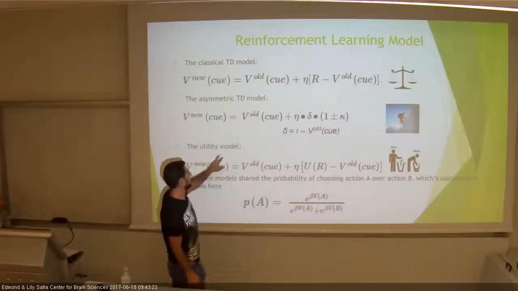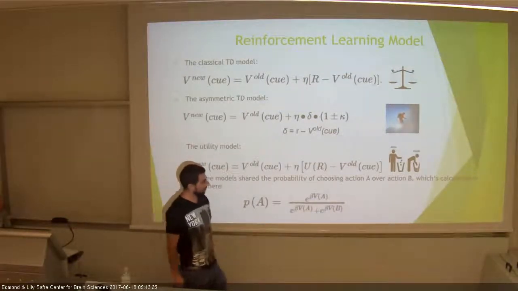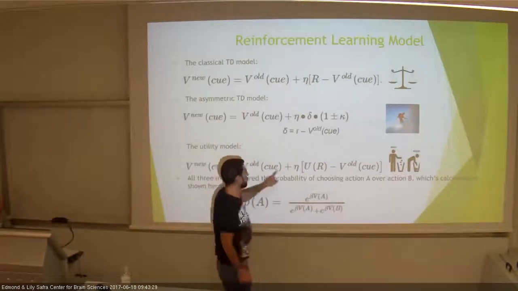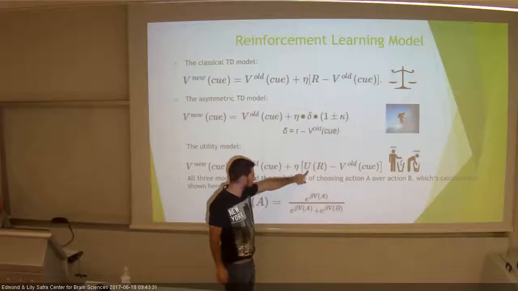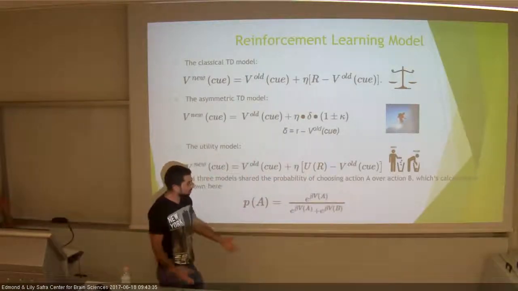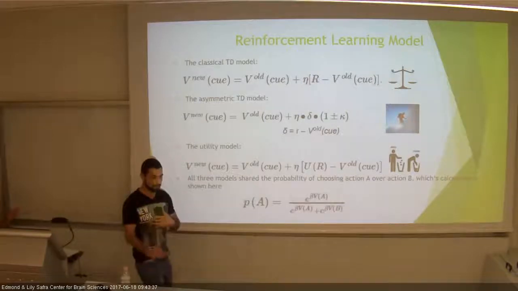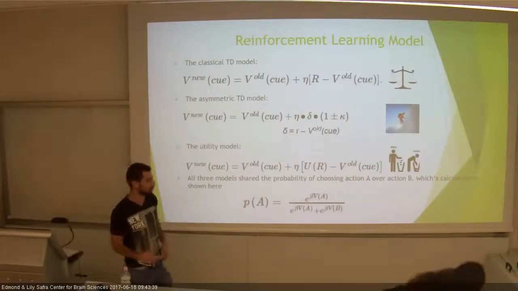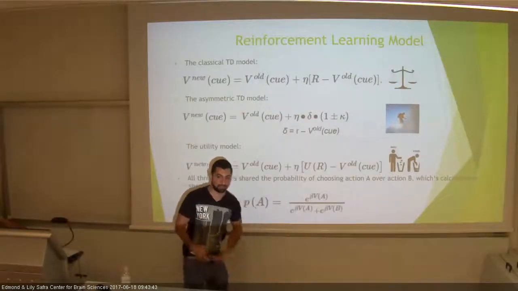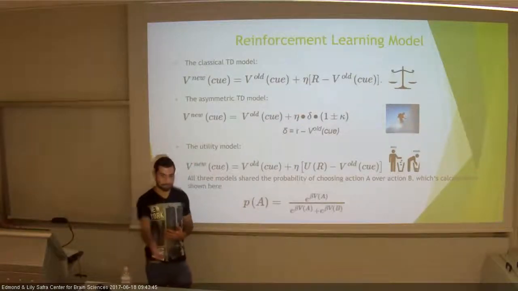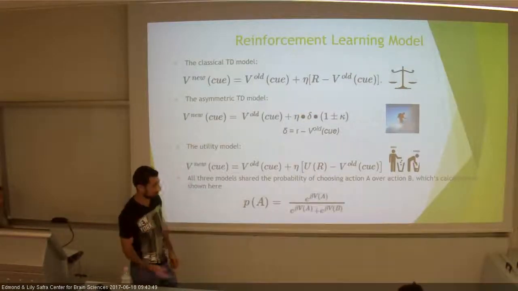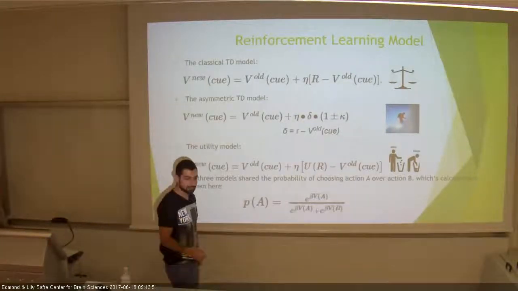And we have the utility model. It's basically the same thing as the classical TD model, but there's a nonlinear utility function, and this just means that I interpret it as people taking these rewards subjectively. Your 5 cents isn't my 5 cents; I probably give more weight to 5 cents because I need them.